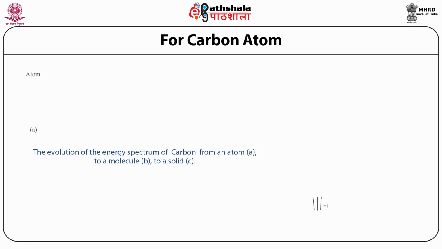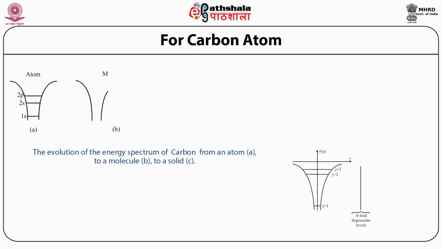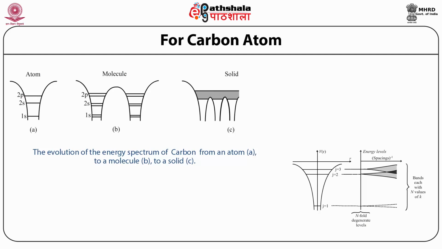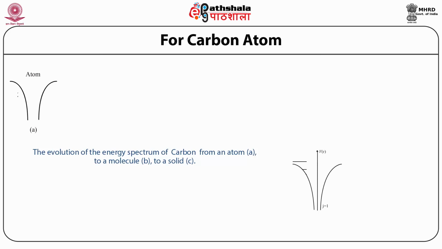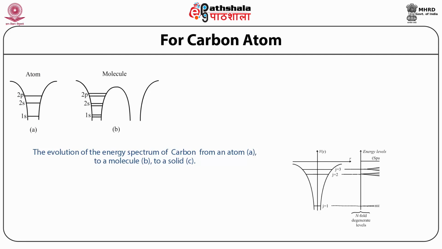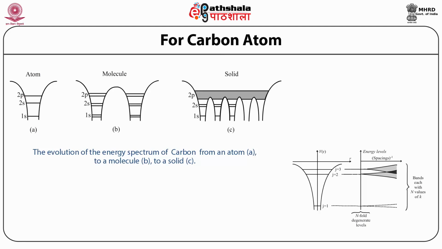Now students, let us consider the tight binding method for a carbon atom. In a free carbon atom, the electron moves in a potential well as shown in this figure, where this part A corresponds to the evolution of the energy spectrum of a carbon from an atom, next to a molecule, and then to a solid.